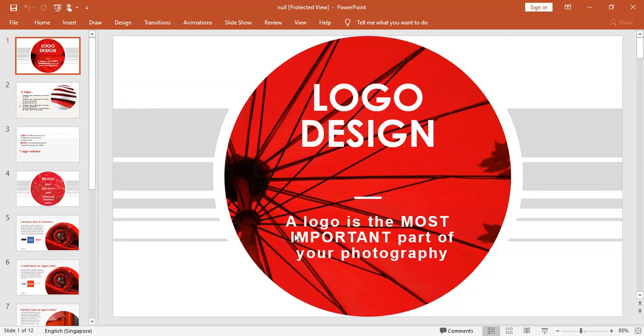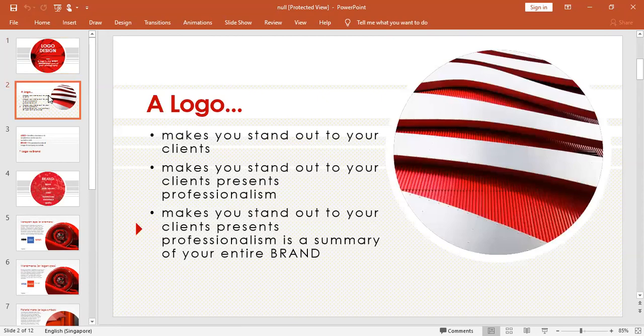The photographer is the reason for that picture. You have taken that picture, right? So that's why. And what is a logo? Initially, let me explain a logo.